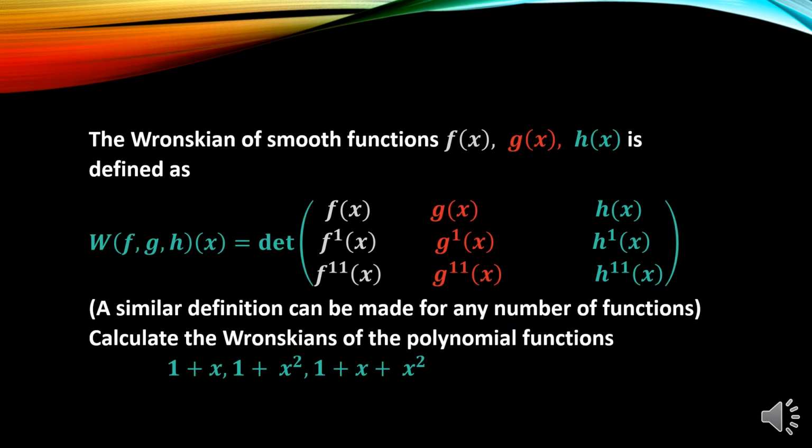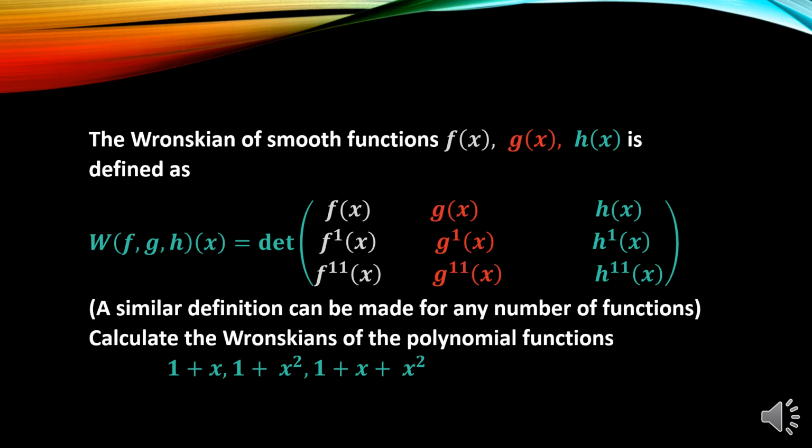Now, from our question, we are given the Wronskian of smooth functions f of x, g of x, h of x, defined as the determinant. We have the first row for the functions f of x, g of x, and h of x.